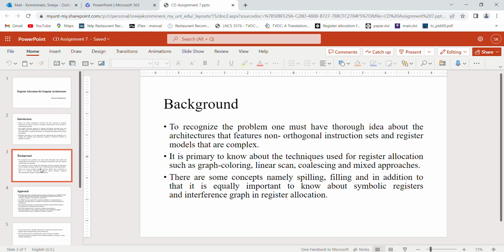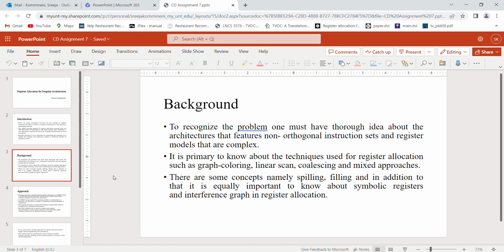Next, coming to the background. To recognize the problem, one must have a thorough idea about architectures that feature non-orthogonal instruction sets and register models that are complex in nature. There are a few register allocation techniques, namely graph coloring allocation, linear scan, rematerialization, coalescing, and mixed approaches.